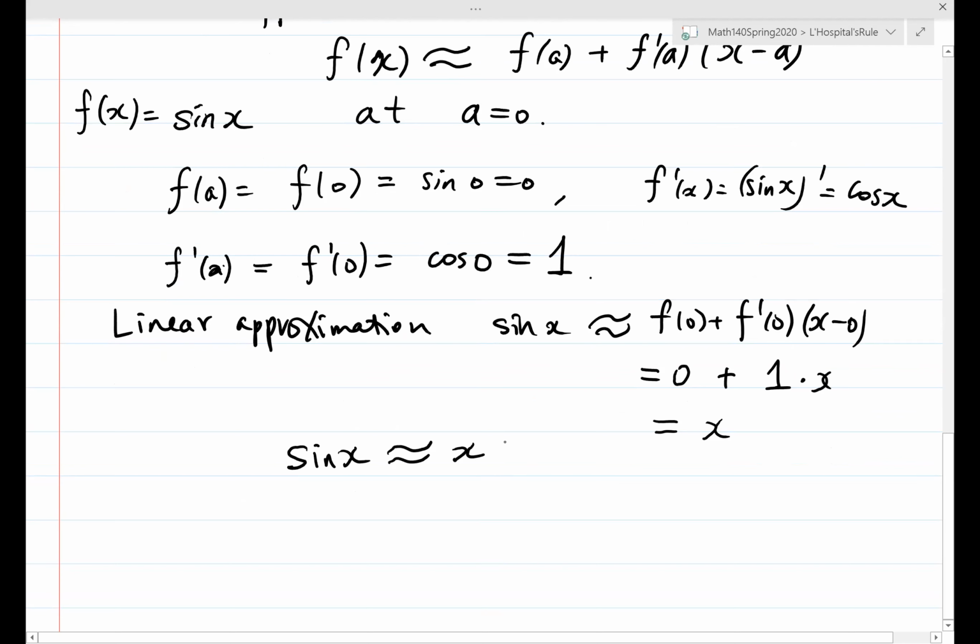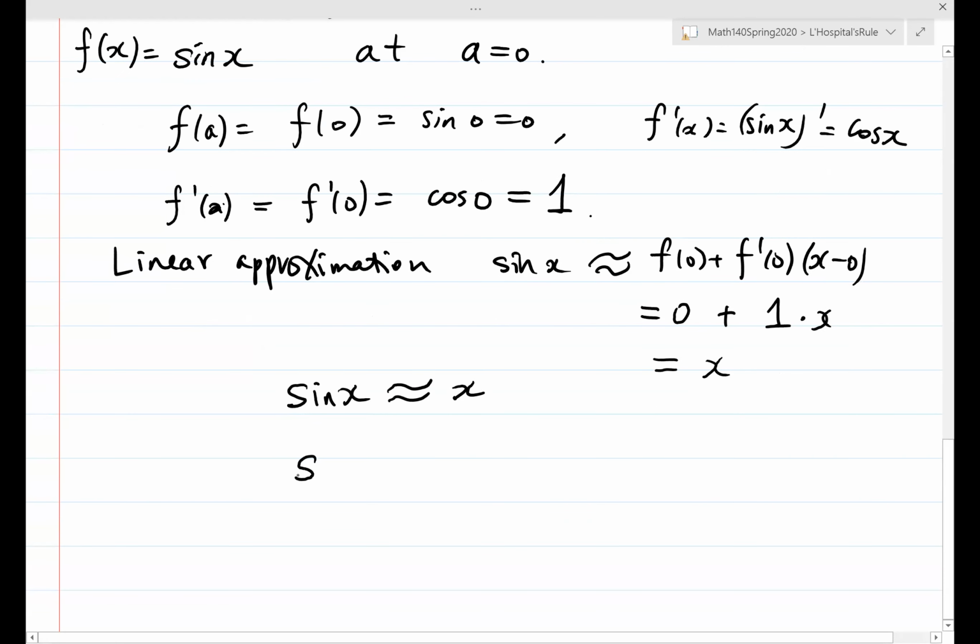If two numbers are really close to each other, then they are similar, and hard to distinguish, i.e., their ratio is close to 1. So sine x over x is close to 1.